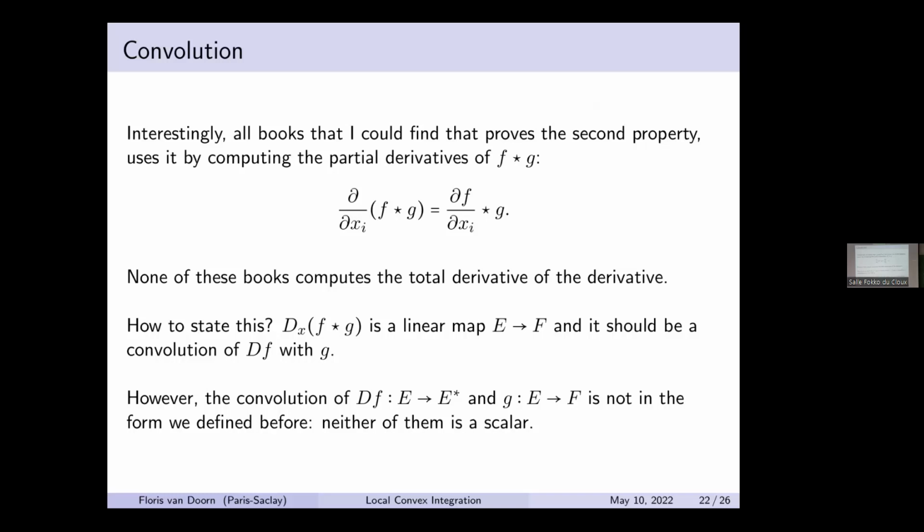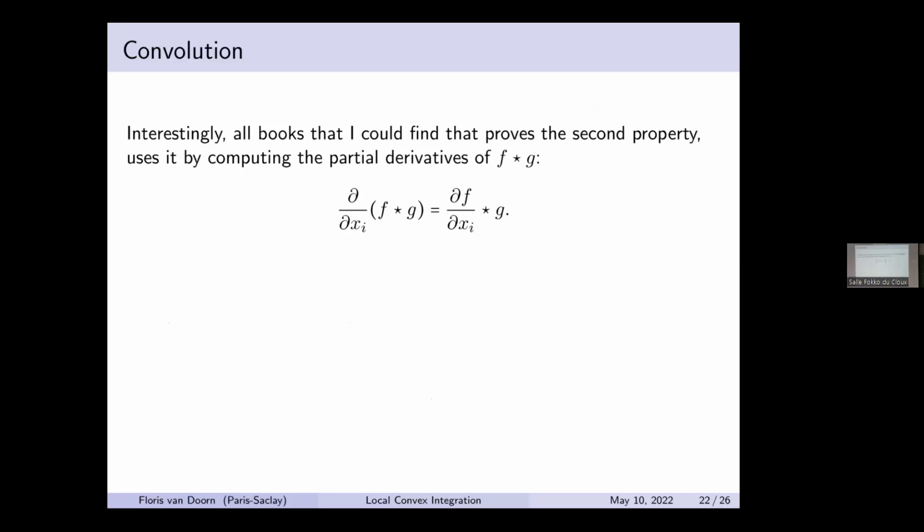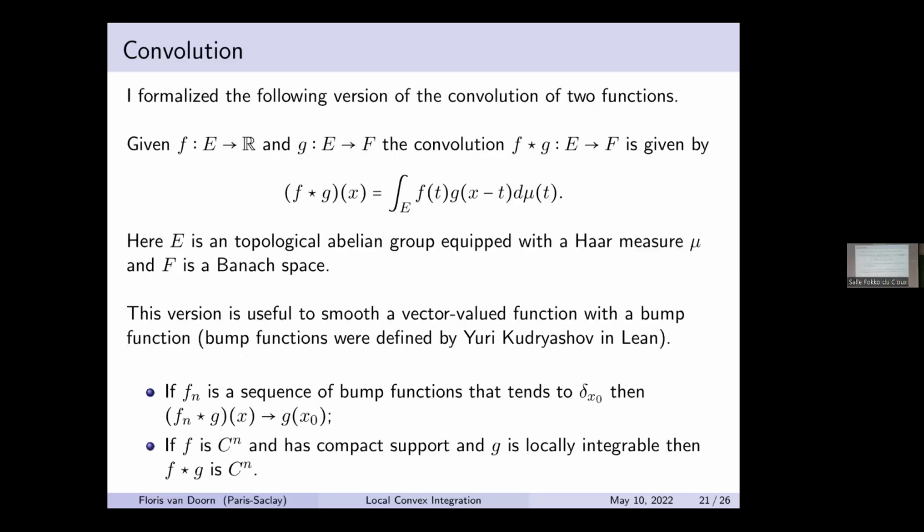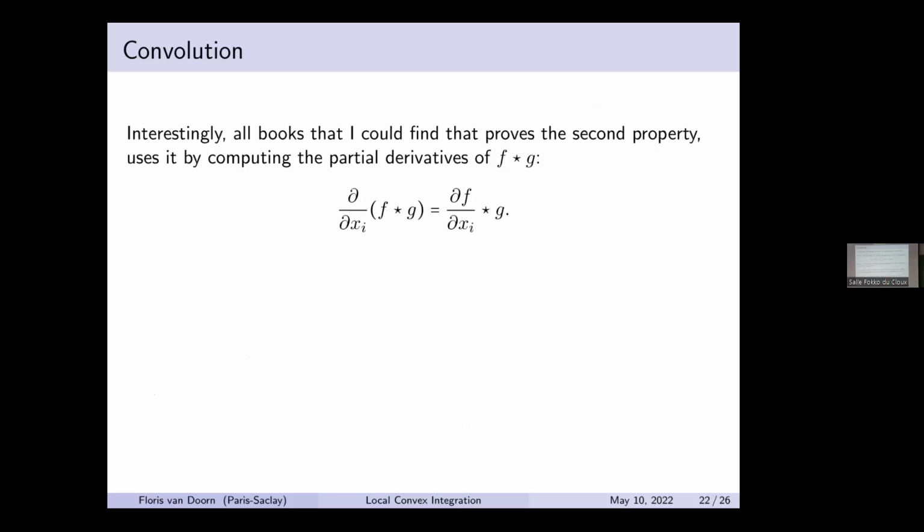That also makes it a lot nicer, because here we have an ugly asymmetry between f and g, that f is scalar valued and g is vector valued.